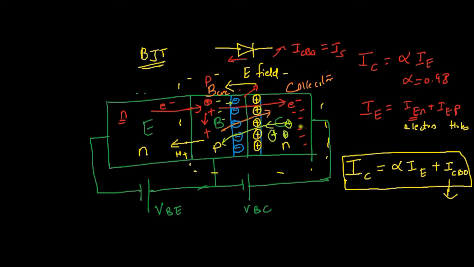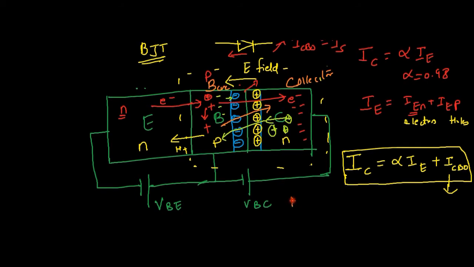That current is called ICBO. It is the sum of these two currents, due to electrons from base to collector and due to holes from collector to base. Remember that the base is P type and the collector is N type. So this is the reverse saturation current.